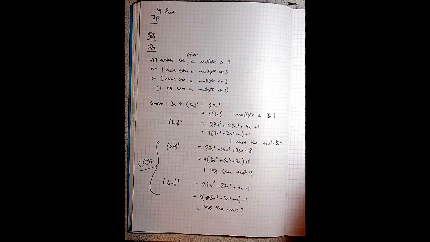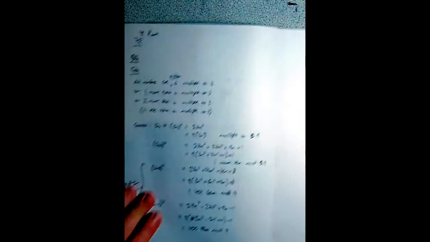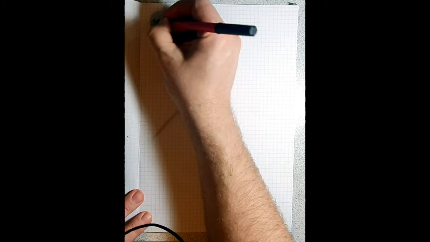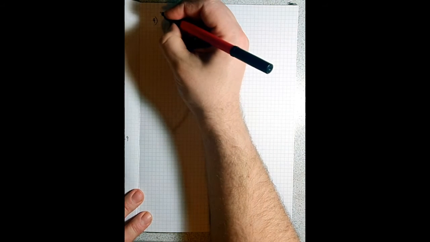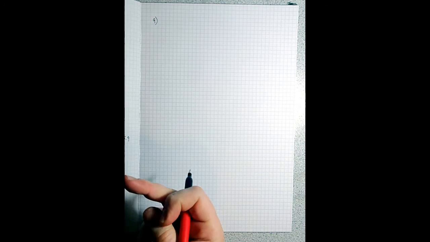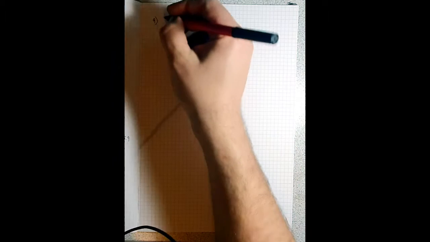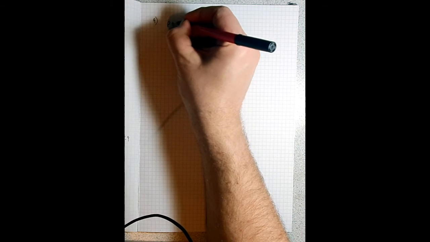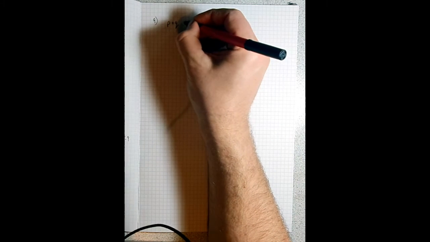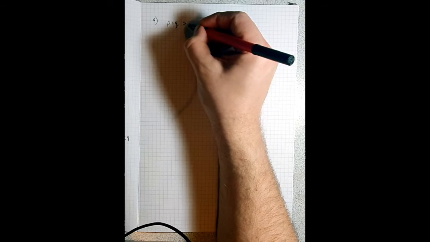The other question was question 9. Well, this is one of those things where in the book they talk about do your workings and then work backwards. Let's just see what happens. I'm going to assume that this is true.